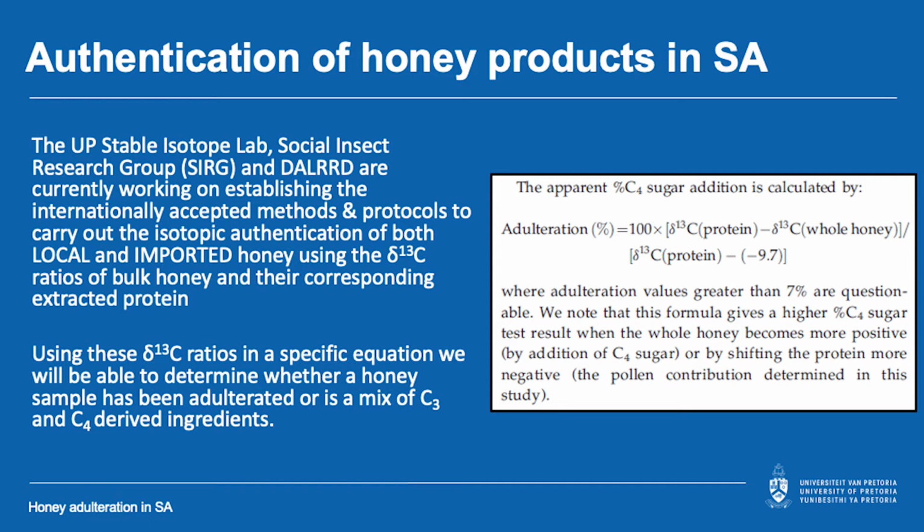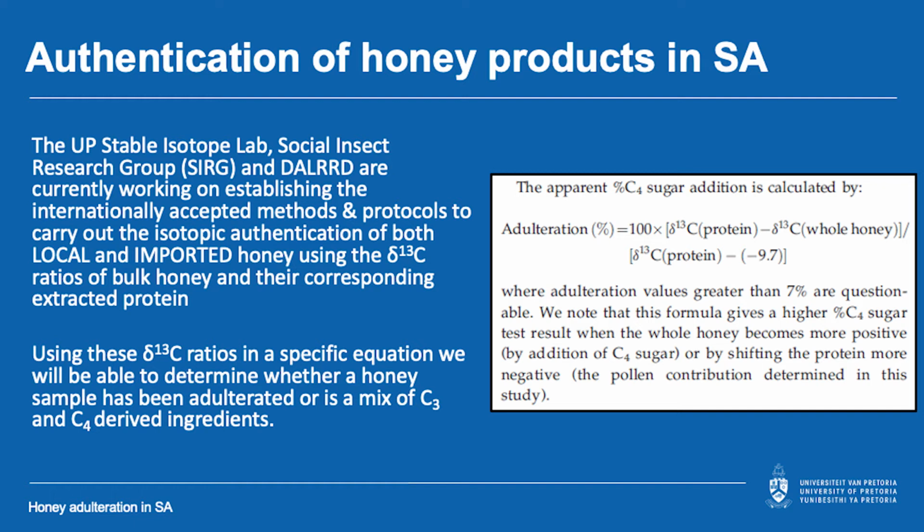But we're also moving to where we will be extracting protein from the honey and using the equation that you can see there on the right of my screen, where we use the carbon isotope ratio of the bulk honey or whole honey and the extracted protein. We get the stable isotope ratio of the protein, and we use this formula to determine the percentage adulteration. If the value that's calculated is higher than 7%, then that product may be considered to be adulterated.